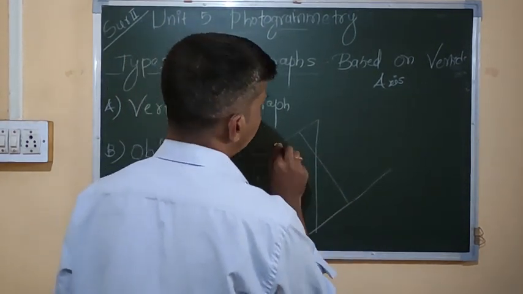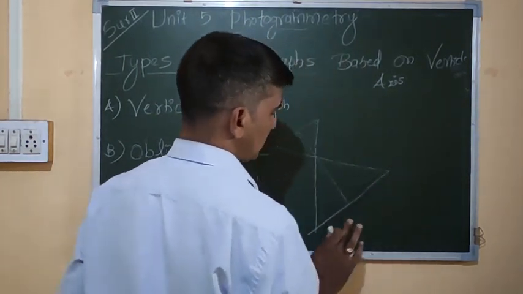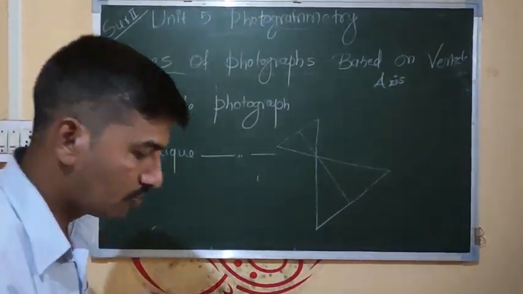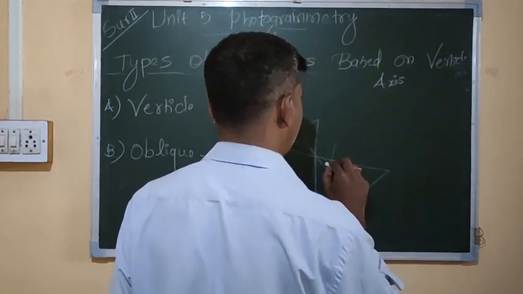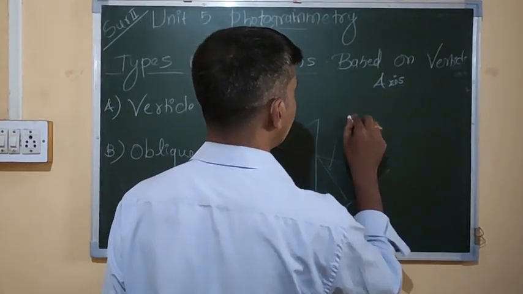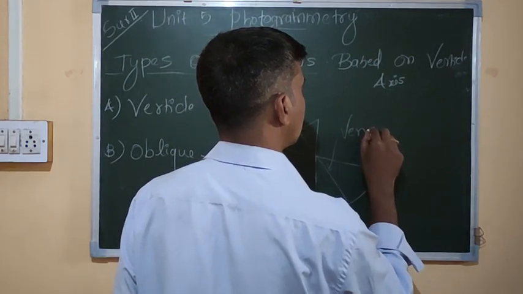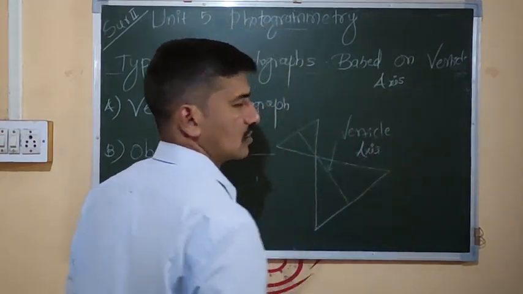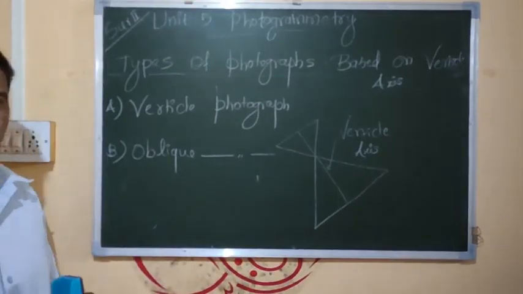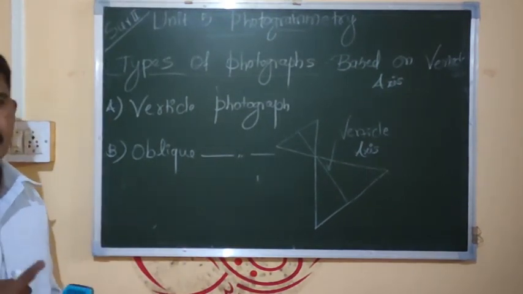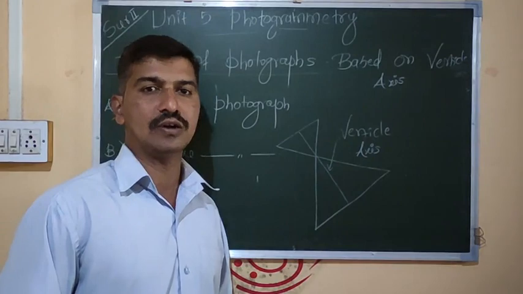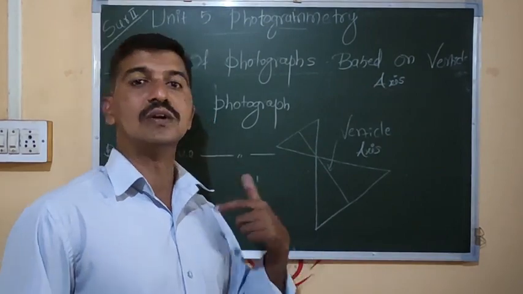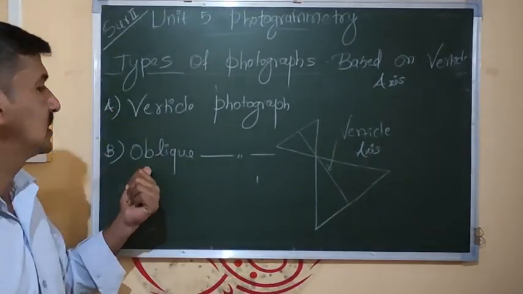I have drawn a tilt more than allowed, which is more than 3 degrees in a vertical photograph. So it is obviously an oblique photograph. This is our vertical axis which was tilted by more than 3 degrees. Now this is one of the cases where your camera is mounted in an aircraft. We have tried to take aerial photographs, but as the vertical axis is tilted more than 3 degrees, we will call it an oblique photograph.